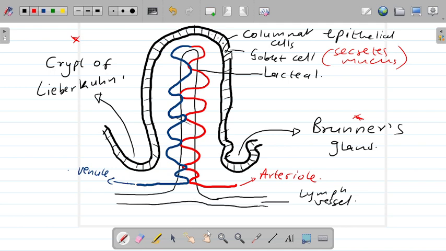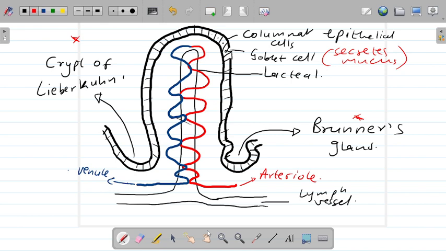Now, what I want to explain to you is the following. All of these cells around here need energy to function. That means they require what gas? Oxygen. And what transports oxygen? Blood. Remember last year when you did circulation, an artery carries oxygenated blood.